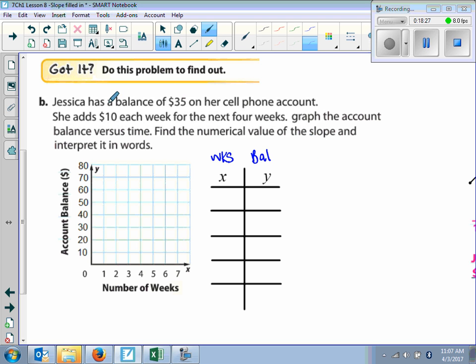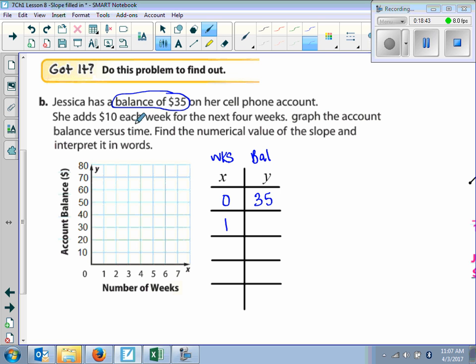Now, it says she has an account balance of $35 when she started, right? So at week 0, she has $35 in the account.